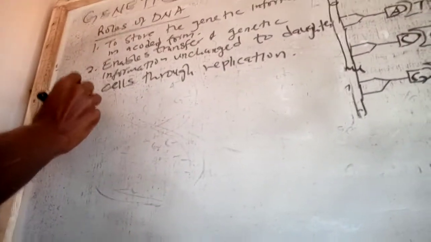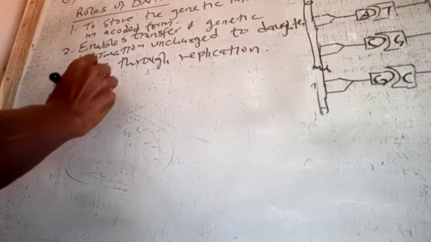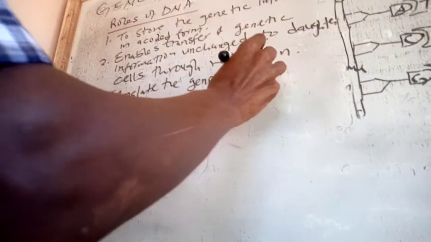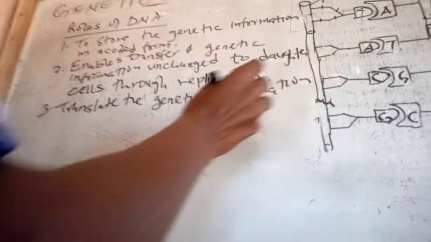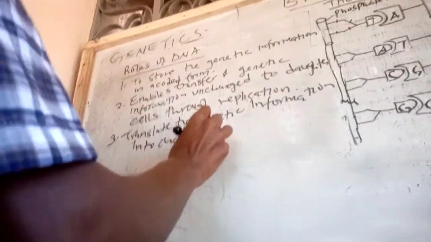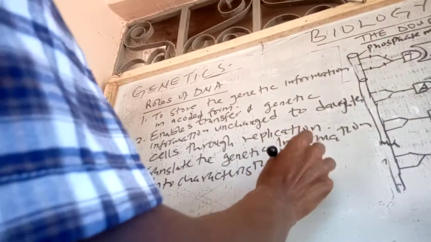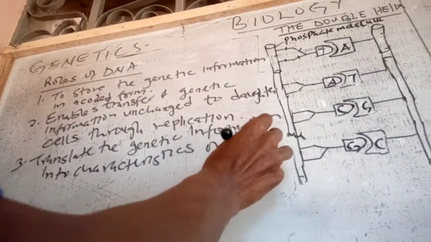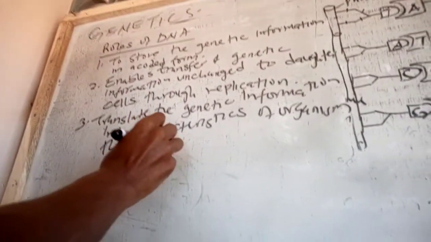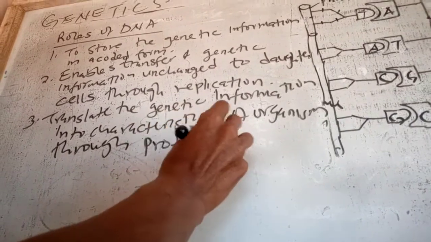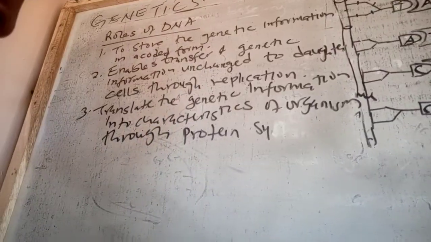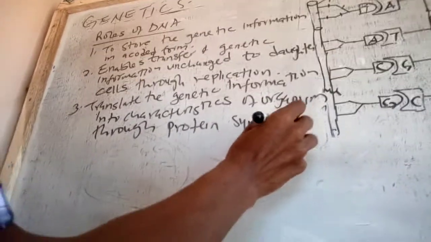And the third one is to translate the genetic information into characteristics of the organism through protein synthesis.